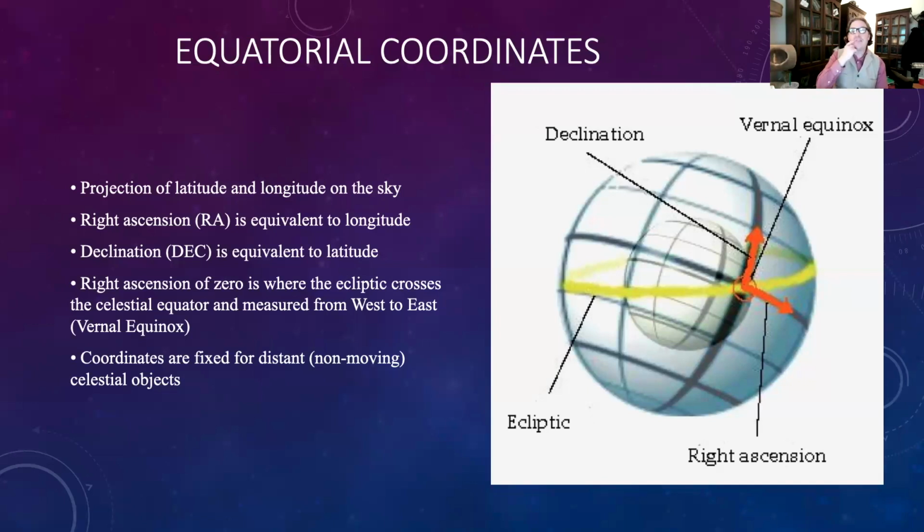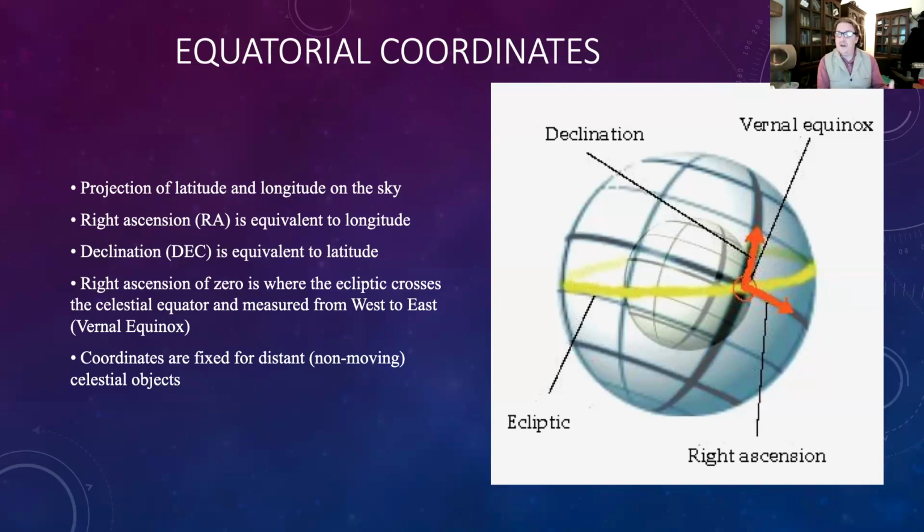If you were to track the position of Vega from where it is on the meridian, if you waited 23 hours and 56 minutes, it would set, the sun would be in the sky, it would rise, and it would come back to the meridian at that point. Essentially, you can think of that at the point of east, it is ascending into the night sky. And so this idea of right ascension is the idea of the angle over which, or the time at which, it ascends as it moves through the sky.